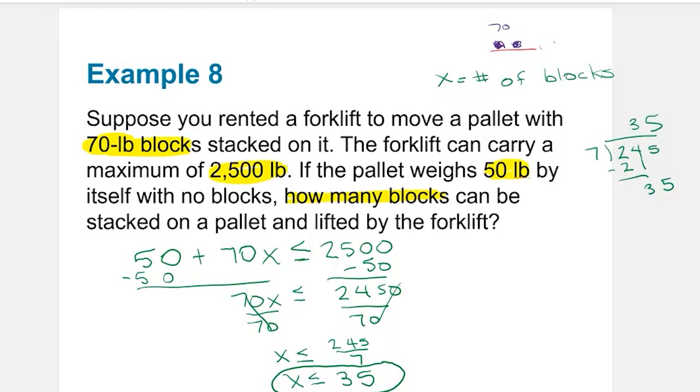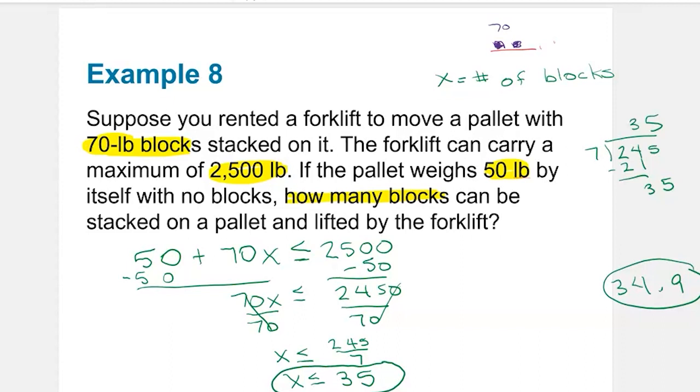It didn't happen here and it may not ever happen on any problem that you get, but if it did happen where you had a decimal, let's say this was 34.9, I would have to round down, because if I put 35 on there, it would be over 2,500 pounds if my numbers were different. So I have to keep it less than 2,500.